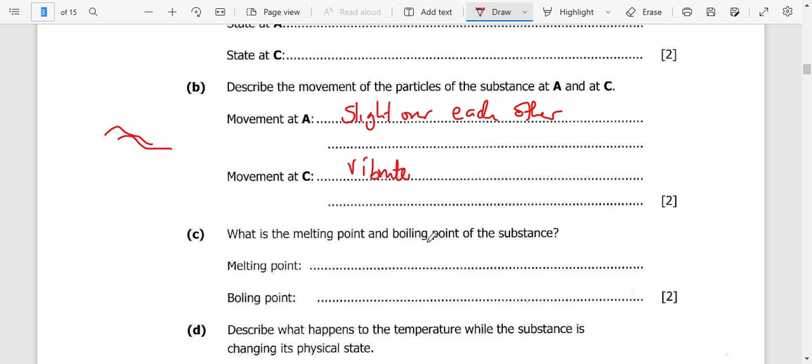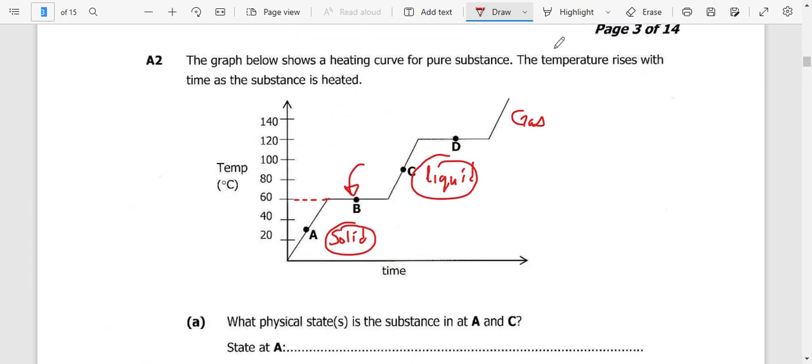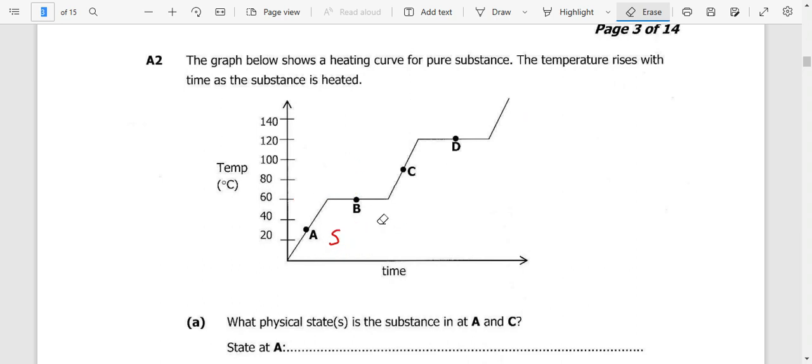Okay, what is the melting point and boiling point of the substance? Let's look at the diagram. From the diagram, can you deduce what would be the melting point? The melting point is a point when the solid is changing into a liquid.